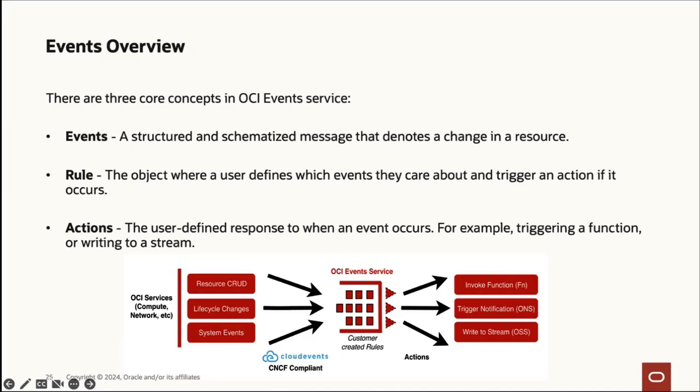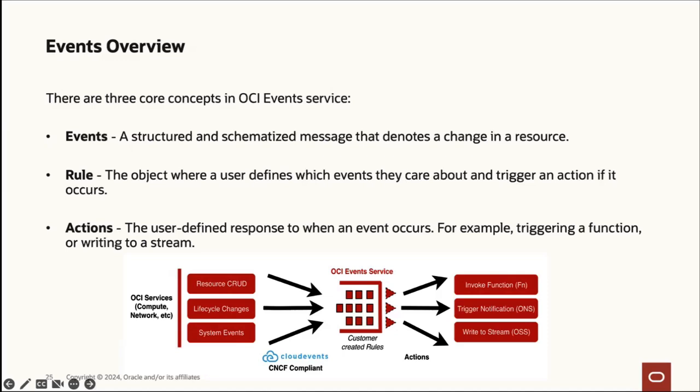For example, an upcoming live migration, when a long-lived task is complete, or when a database backup is completed. Those are all examples. Events are represented in OCI as a well-formatted message that defines what the event is, where it originates from, and also other metadata that customers need to take purposeful action on it.